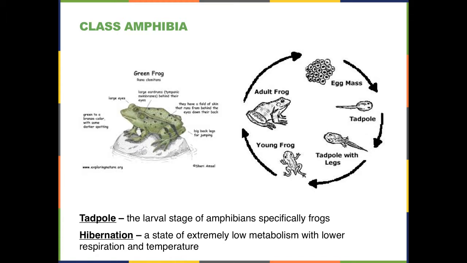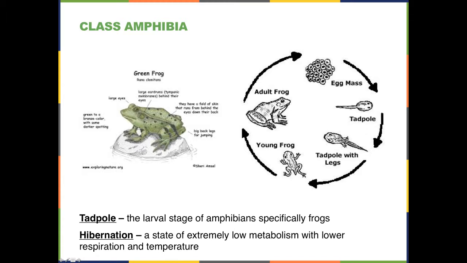And as they develop or go through metamorphosis, and in a sense theirs is a complete metamorphosis, because the larval stage is very different than the adult stage. The tadpole begins to grow legs, and then at some point it looks more like a frog than it does like a tadpole, and then all through here it's developing lungs, so that it can come out of the water and onto the land.